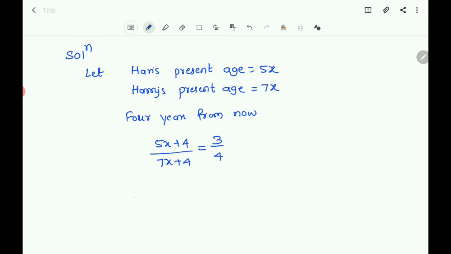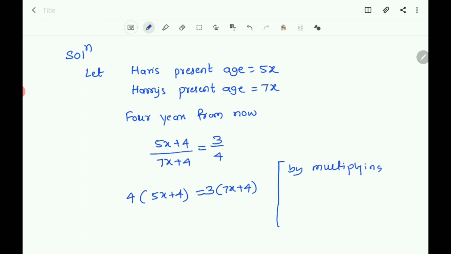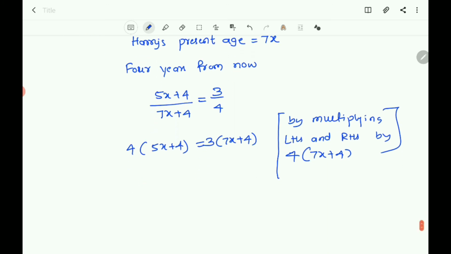Then it becomes 4 into (5x + 4) = 3 into (7x + 4), which is nothing but cross multiplication. So what you have done here: by multiplying LHS and RHS by 4 into (7x + 4).